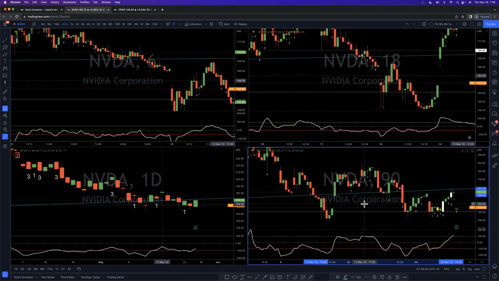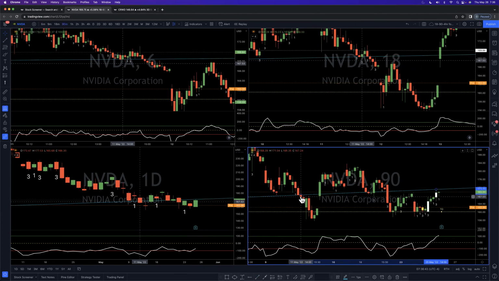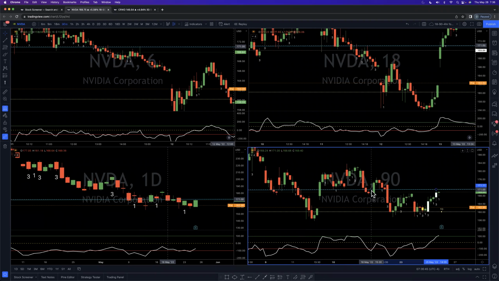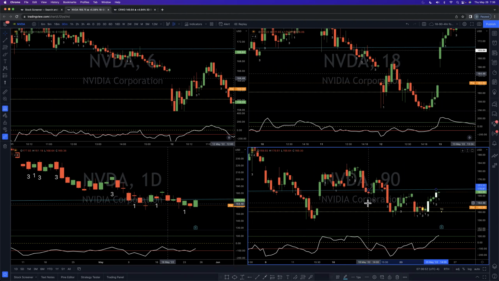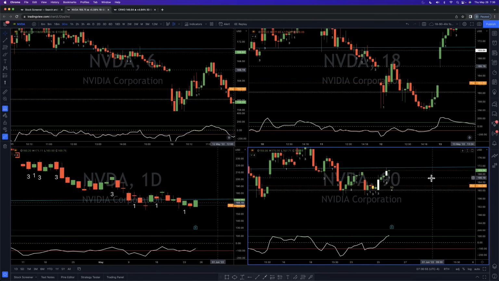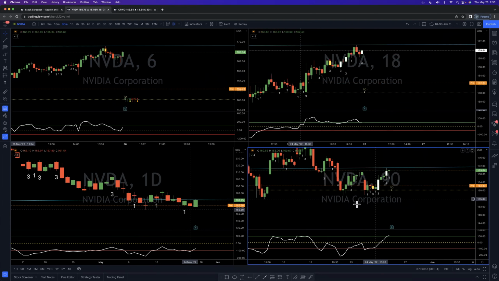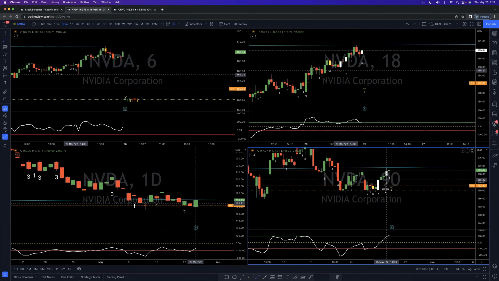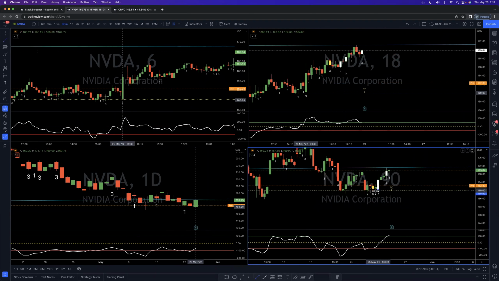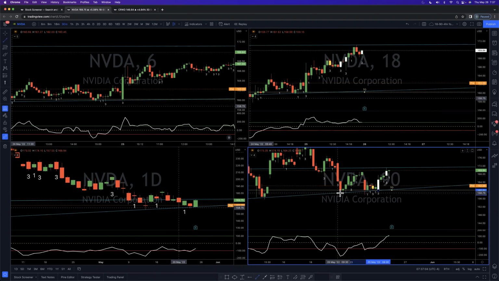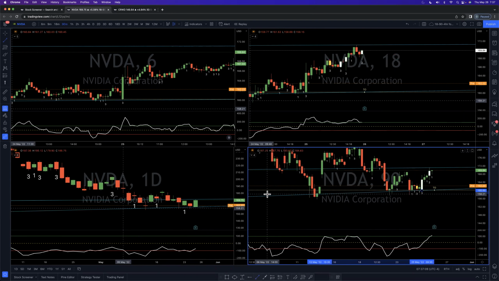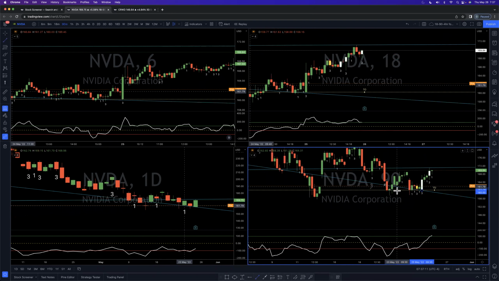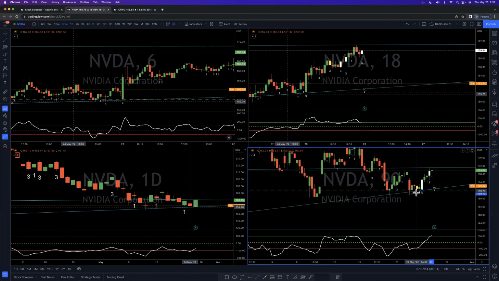So we're gonna go here. Let's see. No, that's too high. 171.11. Okay, and so that's the high of yesterday's range, and this is the low of yesterday's range. Yeah, I'm gonna draw it that way.